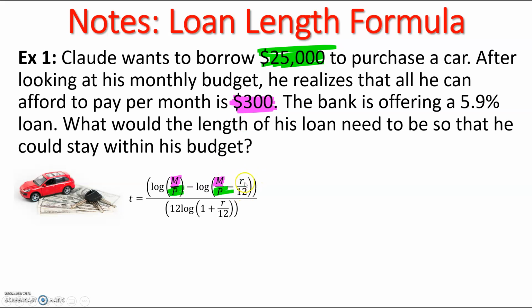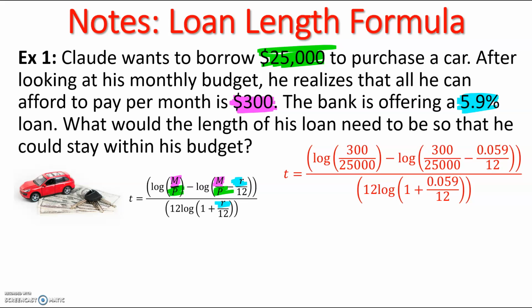Now, what is our rate, right? What percent interest rate are we being offered here? And that's a 5.9. Now, do note, when we plug this in, we always plug in the decimal version of the percent, so it will be 0.059. So we're going to take all that information and plug it into our formula. Now, just like we normally do, I recommend using the Desmos calculator and typing it in exactly as you see.